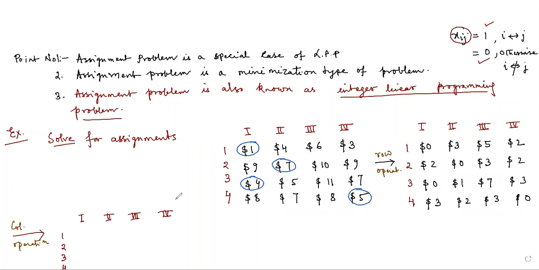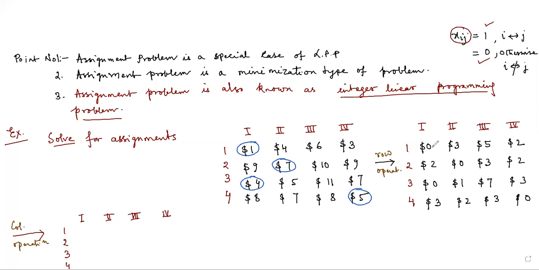Now we are going to mark the minimum elements in the second matrix, because we are going to study them column wise now.